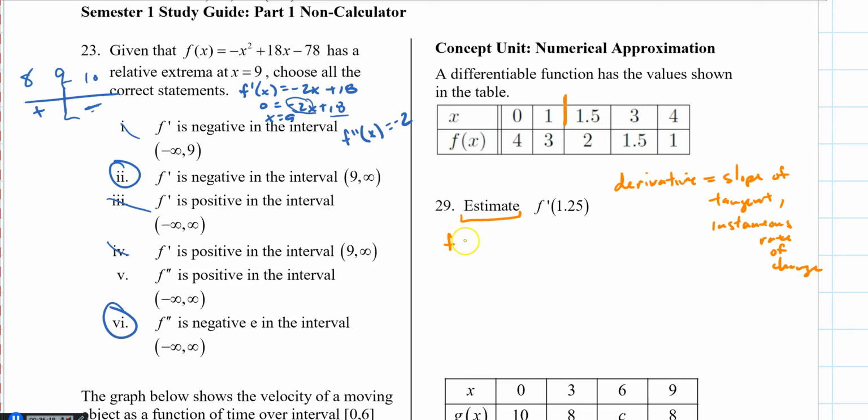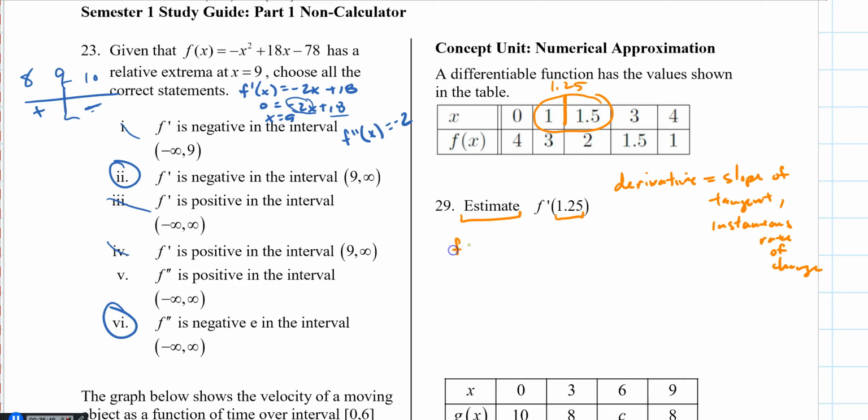So the derivative of f at 1.25 is going to be estimated appropriately by finding the slope of f between 1 and 1.5, because 1.25 is right in between them.